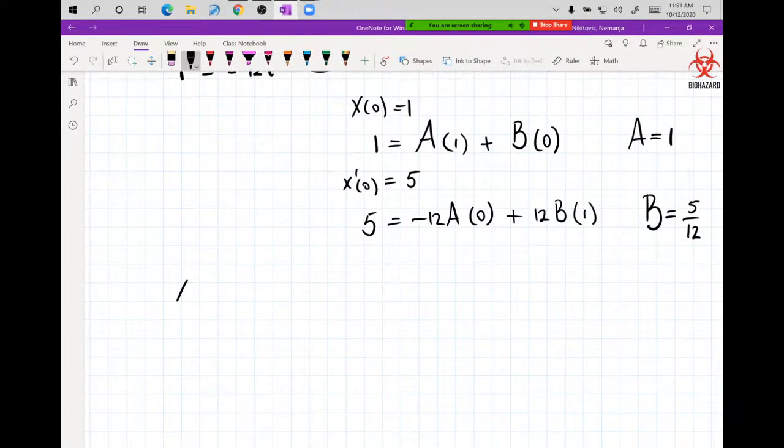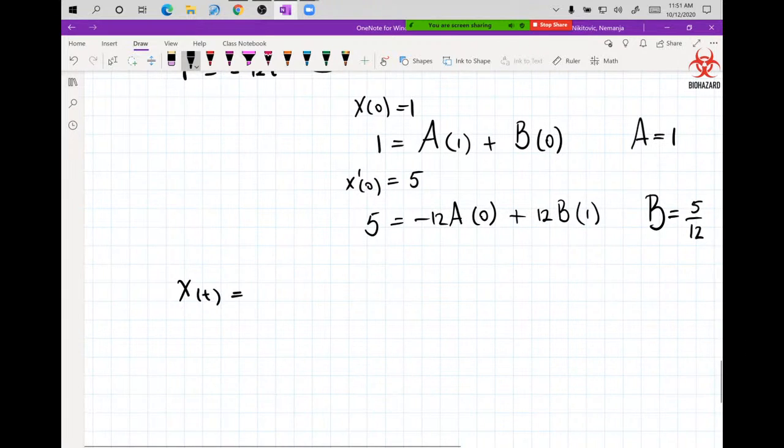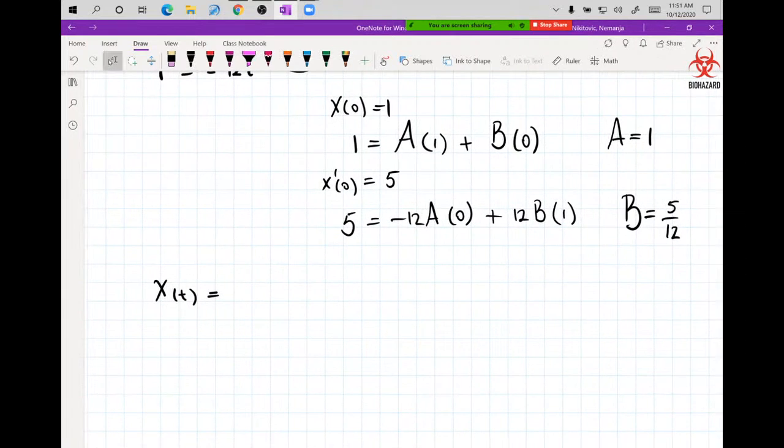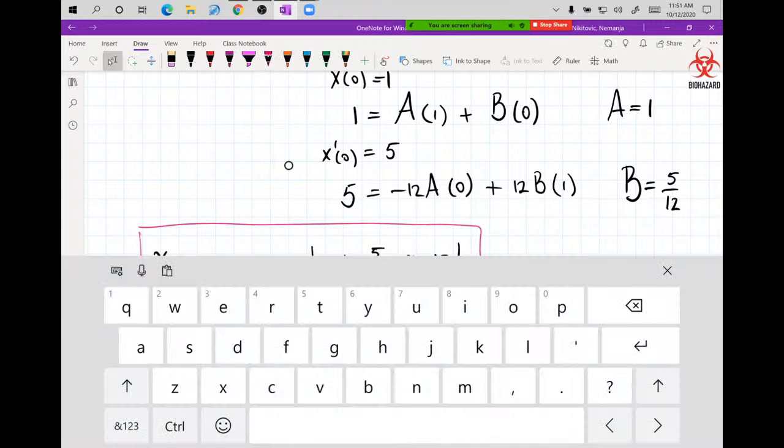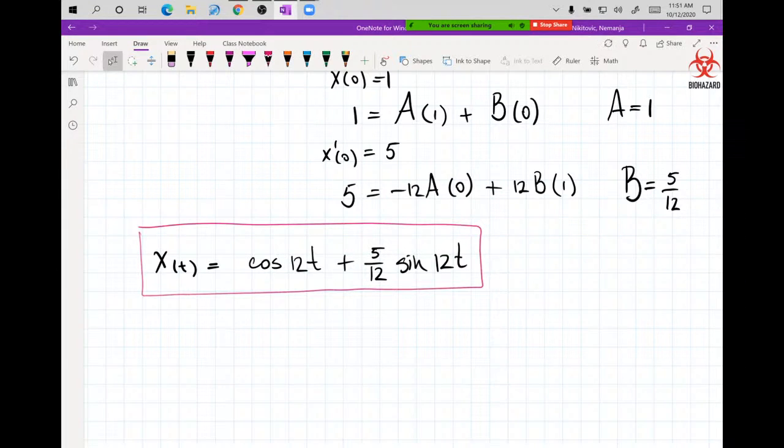So now I have the x of t equation given as cosine 12t, because the a is 1, plus 5/12 sine 12t. Now this equation is technically, mathematically speaking, we're done, right? You have your particular solution, you calculated your a and b.